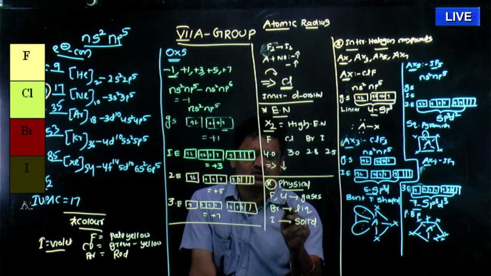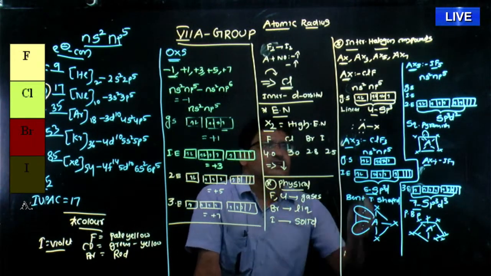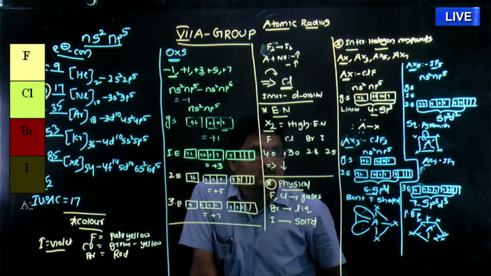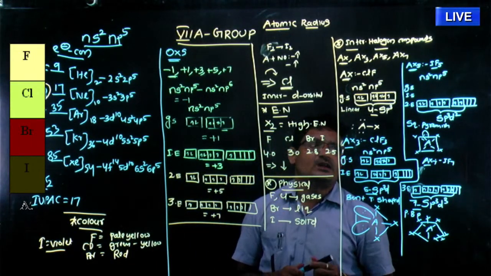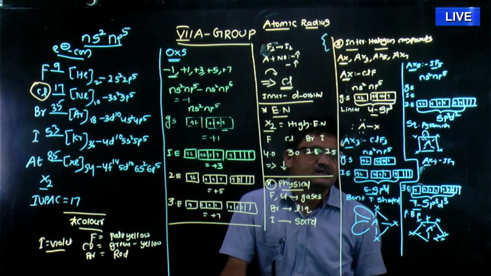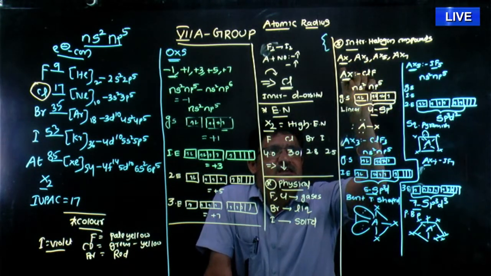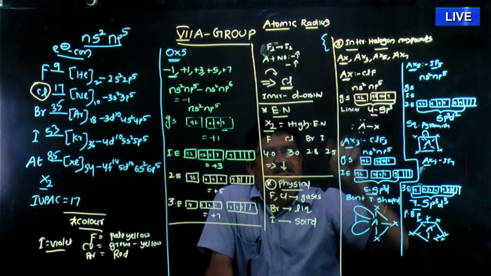Physical state: chlorine is a gas, bromine is a liquid, iodine is a solid. Interhalogen compound. What is the definition of interhalogen compound? When two halogen atoms react with each other, that is the interhalogen compound. These are 4 types: AX, AX3, AX5, AX7.